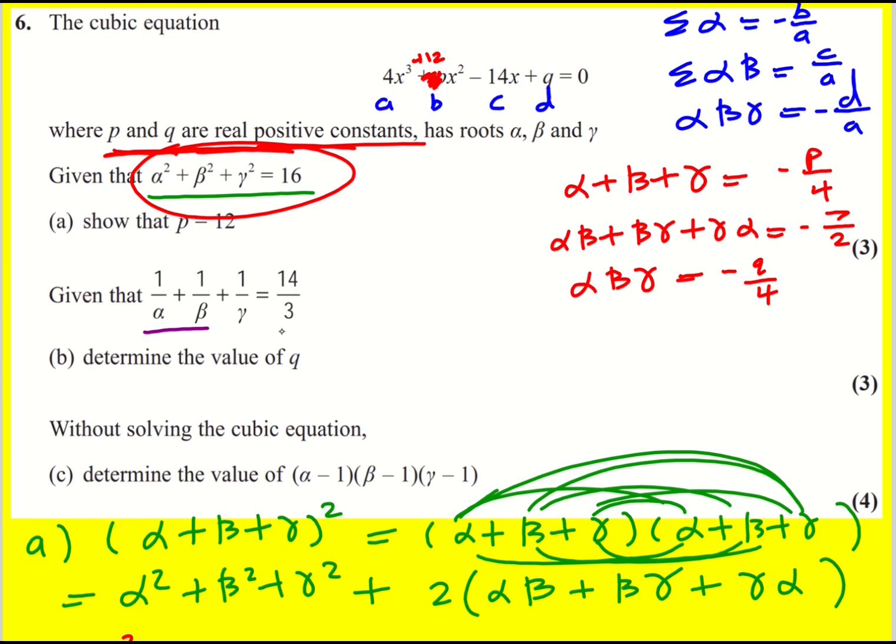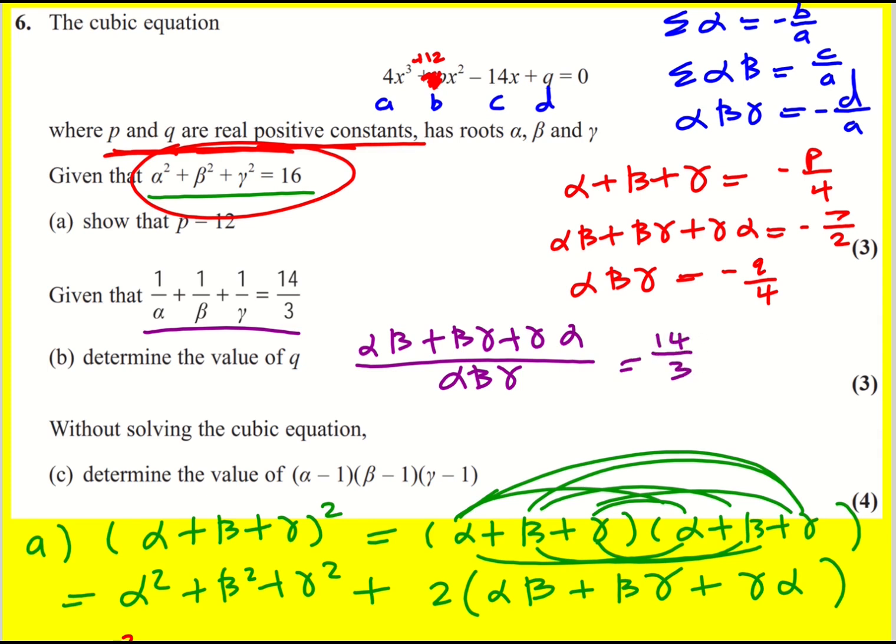We're also given this, and we're asked to find the value of q. Well, let's put the left-hand side all over a common denominator. And over here, I would get beta gamma over alpha. And what you can end up doing is writing alpha beta plus beta gamma plus gamma alpha all over alpha beta gamma. They're the same thing. And that's equal to 14 over 3.